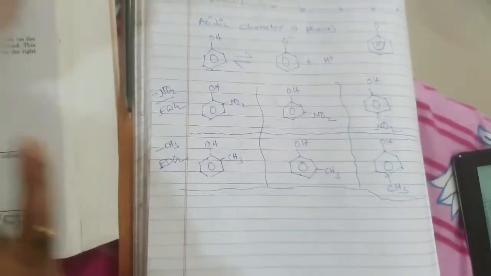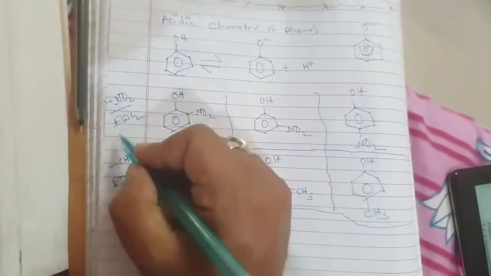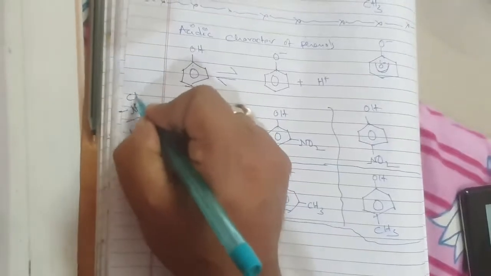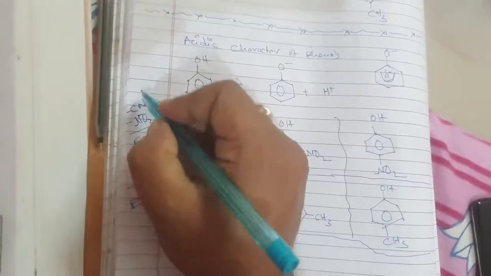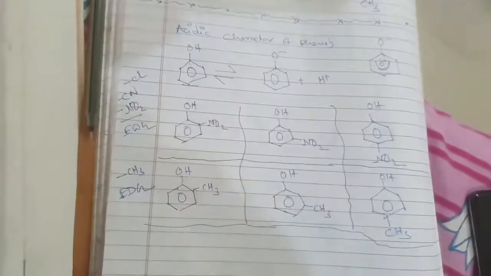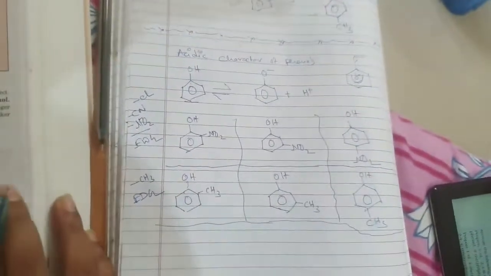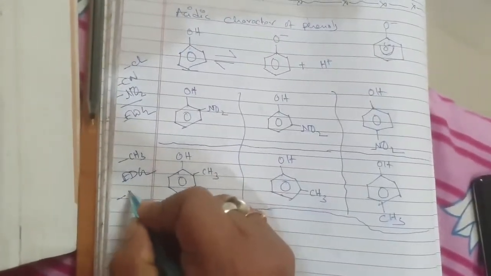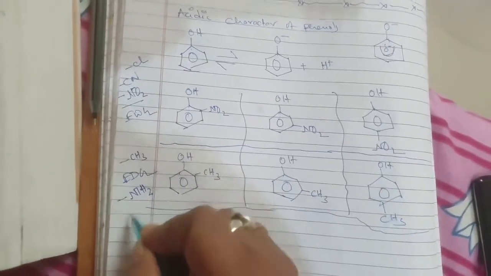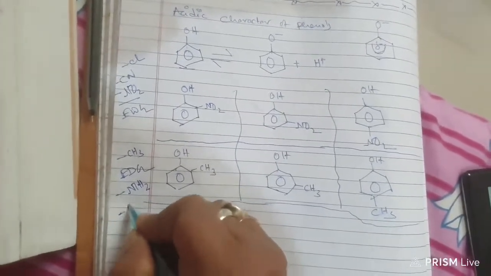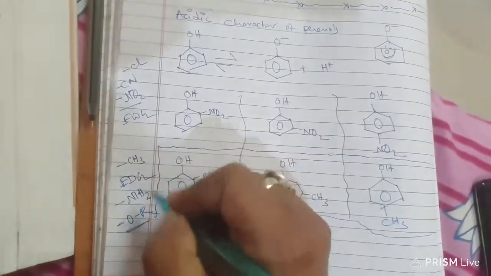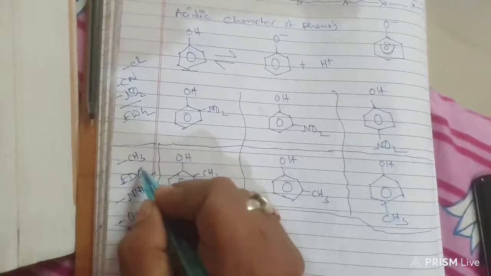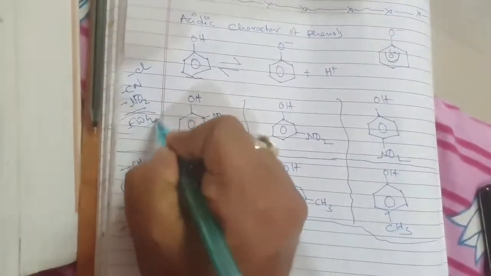There can be other examples of electron withdrawing groups, like CN and halogens. And electron donating groups are CH3, NH2, and maybe OR, alkoxy groups. So these are electron donating groups, EDGs, and these are electron withdrawing groups.